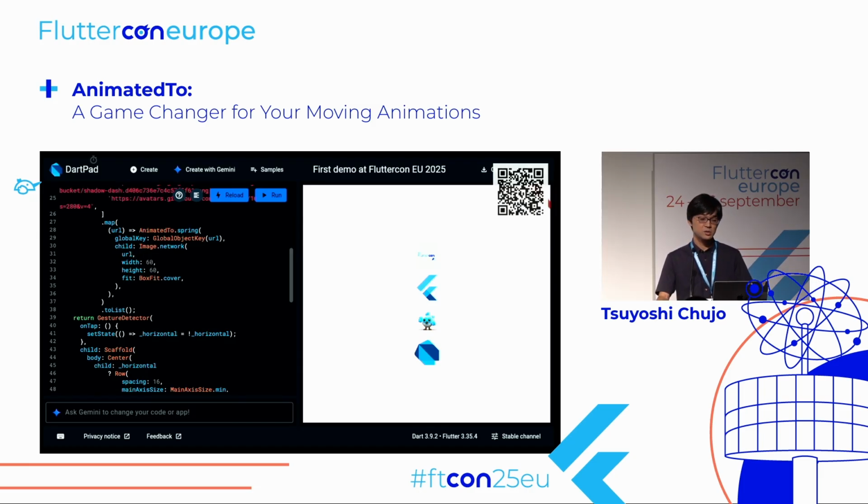As long as the widget is kept simple, we can combine and collaborate with a lot of other widgets to make it more powerful, and create greater features based on this animation feature. So let me show you some other demos using AnimatedTo.